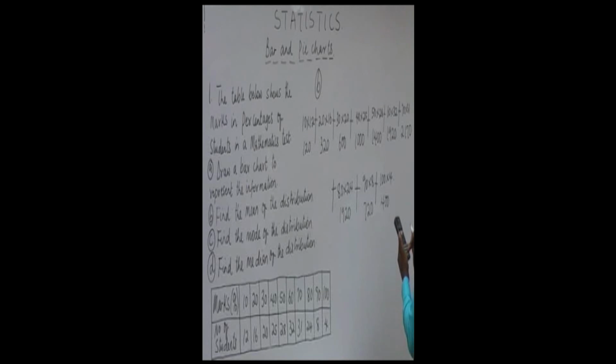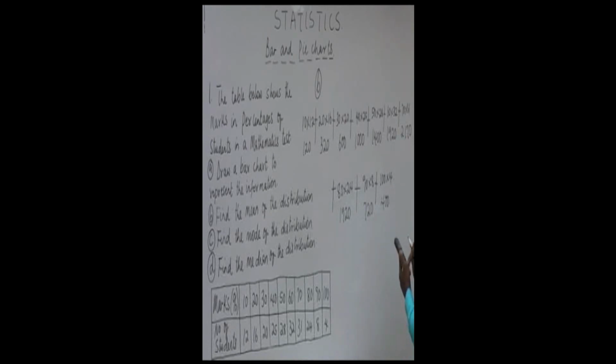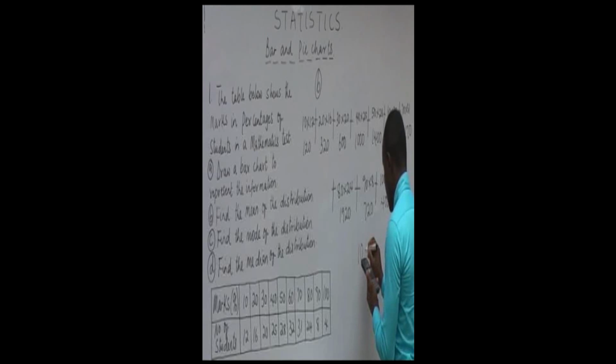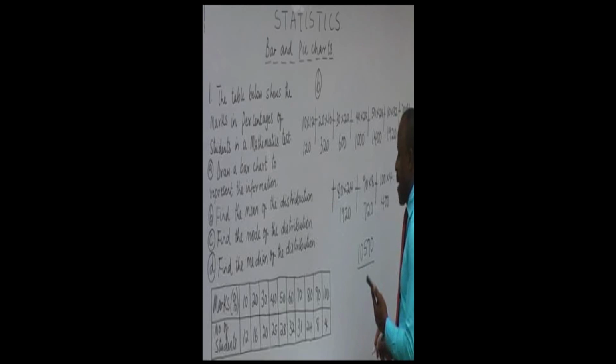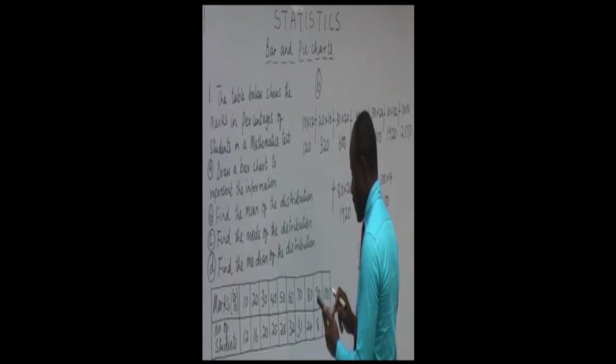Plus 1,920 plus 2,170 plus 1,920 plus 720 plus 400. It's giving me 10,570. I'm going to divide it by the sum of the number of students that participated in that test.